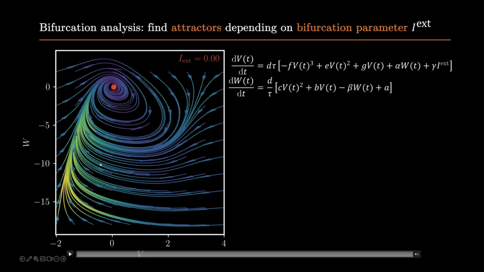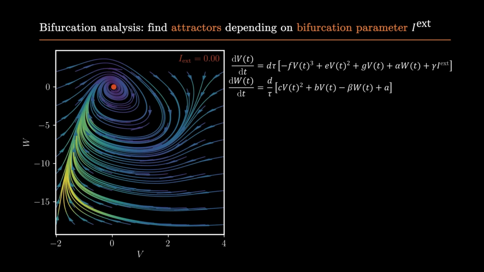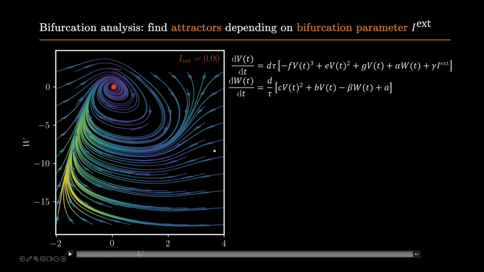These arrows and lines point in the direction of the flow of the system. So they indicate in which direction solutions of this dynamical system will go when we start them somewhere. Let's say we start our system here, then we will follow this line here, okay? And you can see that all those lines are spiraling into some region here, this red dot. This is a so-called fixed point.